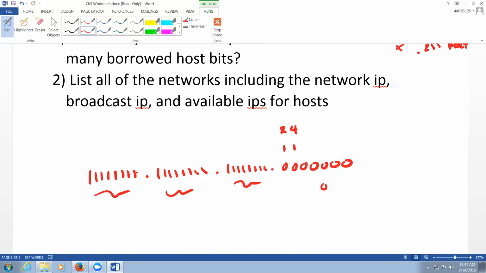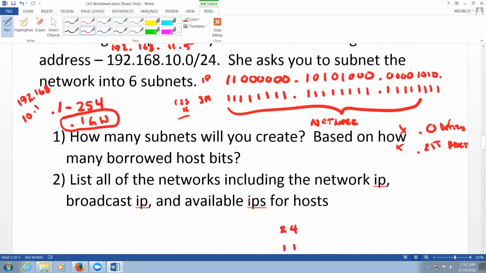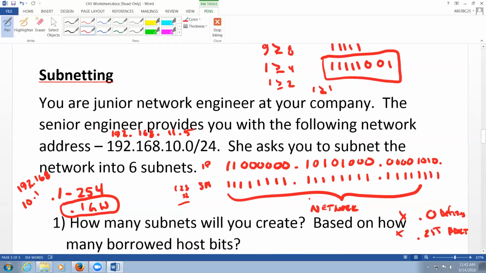Okay, does everybody see that? The requirements required us to have 6 subnets. I can't get there with 4, so sometimes you have to exceed. You might have to exceed the 6 and do 8, because you can't say 2 to the 2.5 power. You can only do them in whole increments.